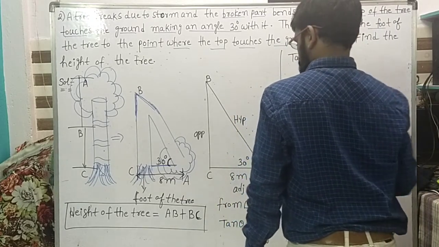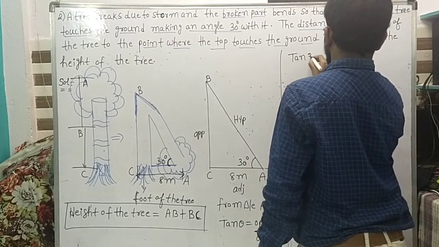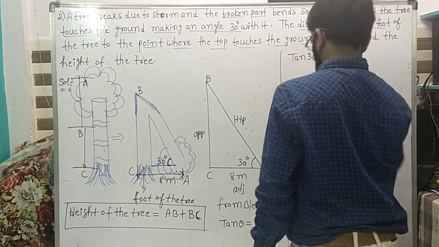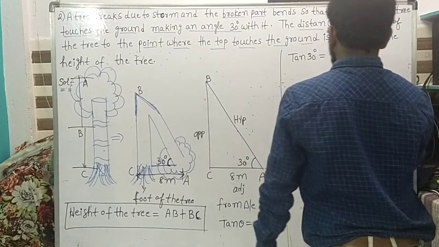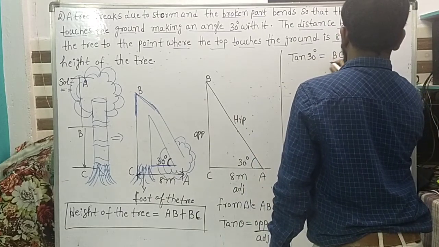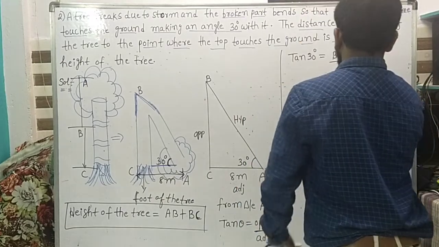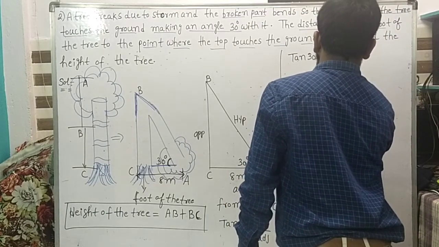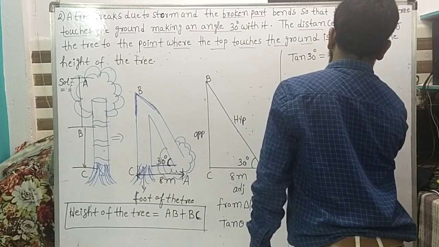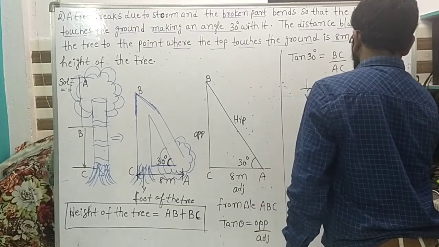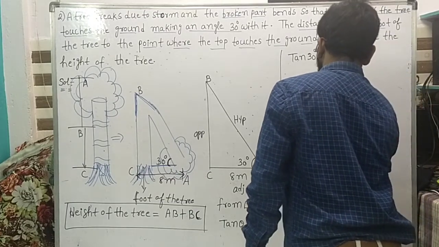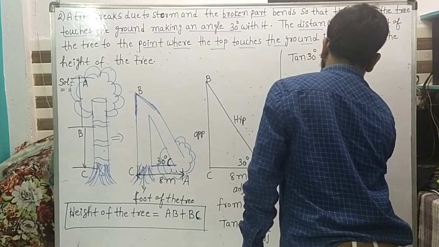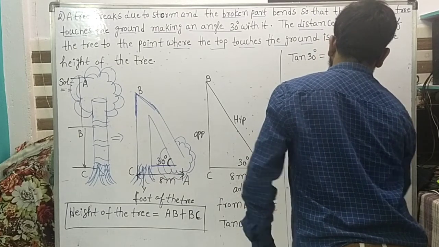Tan theta means tan 30 degrees equals opposite BC by adjacent AC. The tan 30 value is 1 by root 3, equals BC by AC. AC means 8. Cross multiplication: BC into root 3 equals 8.